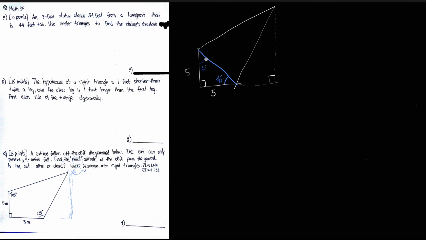But in the given problem, they told me that all of this angle here is 105. So 105 minus 45 is going to be 60. Oh, so this angle right here is going to be 60 degrees.